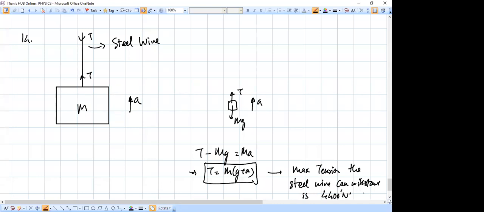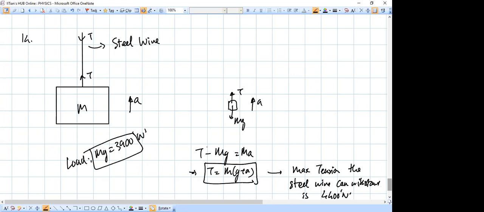And the weight of the block, load means basically mg, is given to us as 3,900 newtons. So that's it. Now from that you will get the maximum acceleration.